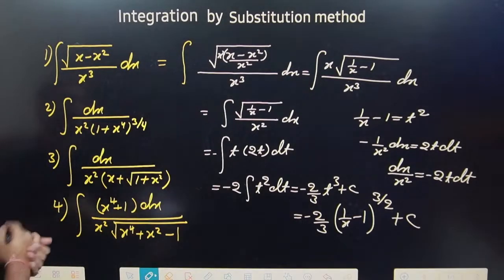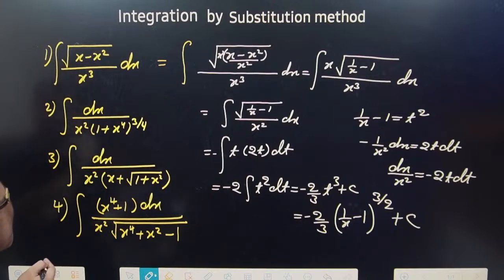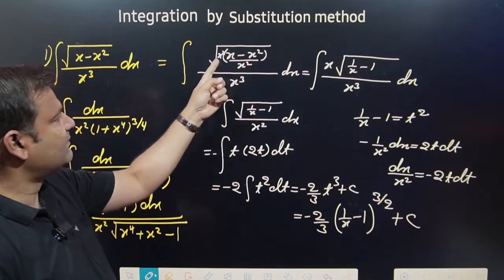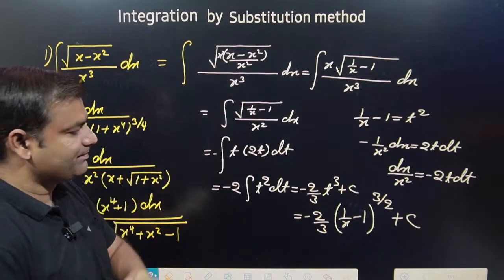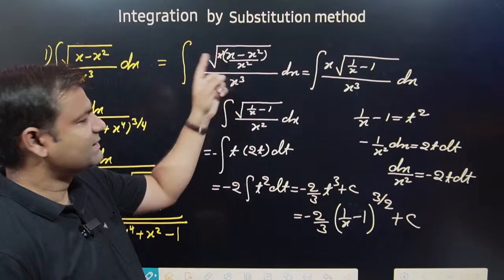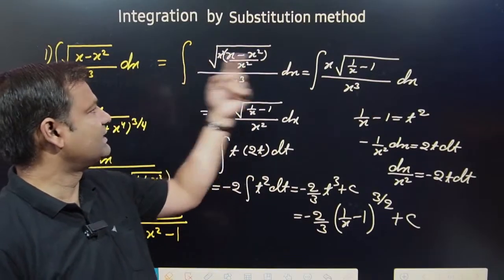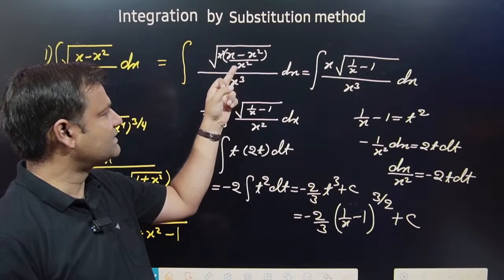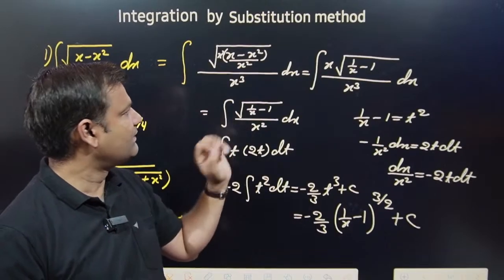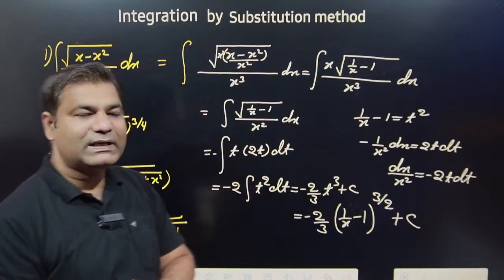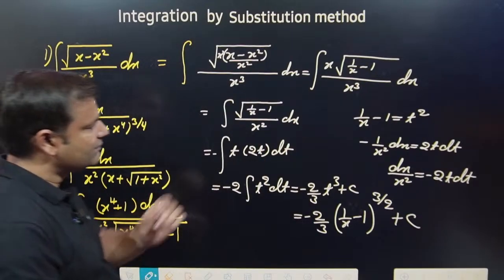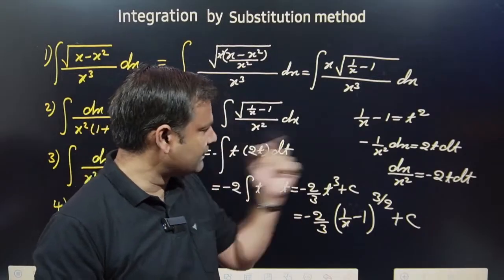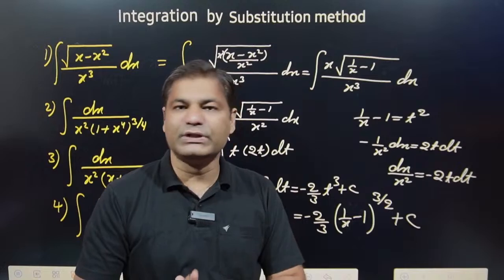Look, this question is given like that. So how can we do it? Simply, if x square is common, then simply multiply and divide by x square. So under root, x square is simply x. So that's why x is written here. And x square divided, so x by x square is 1 by x, and that minus 1, divided by x cube dx. After that, look here very carefully. If 1 by x minus 1 is taken as t square, then differentiation of this is replaced by 2t dt.